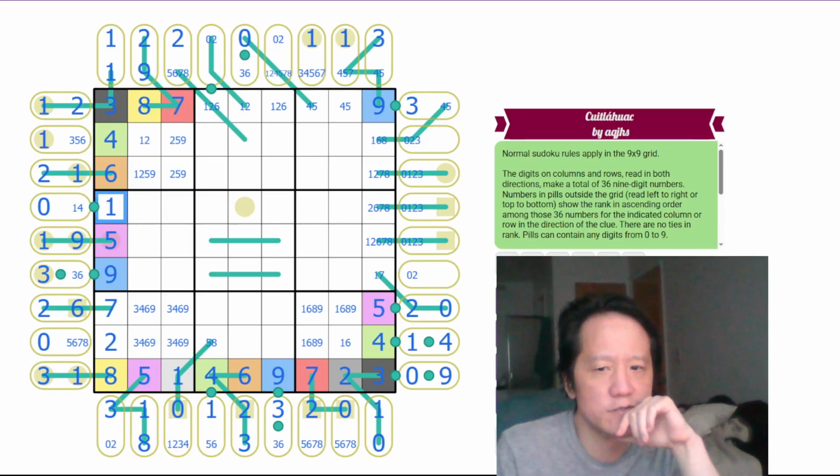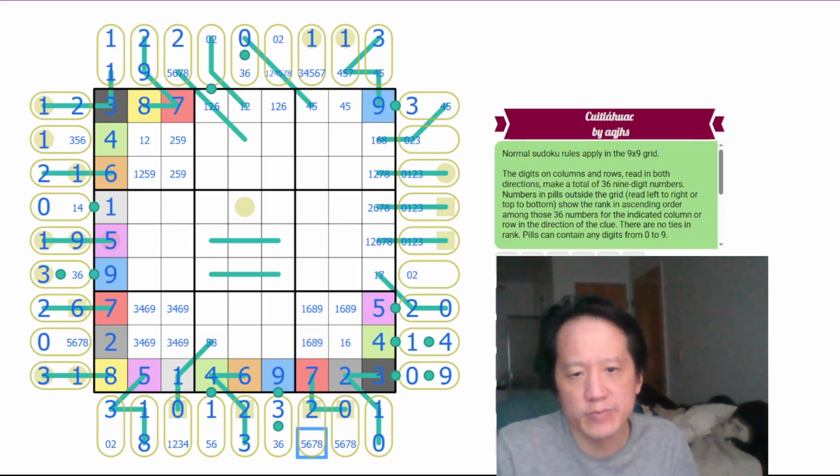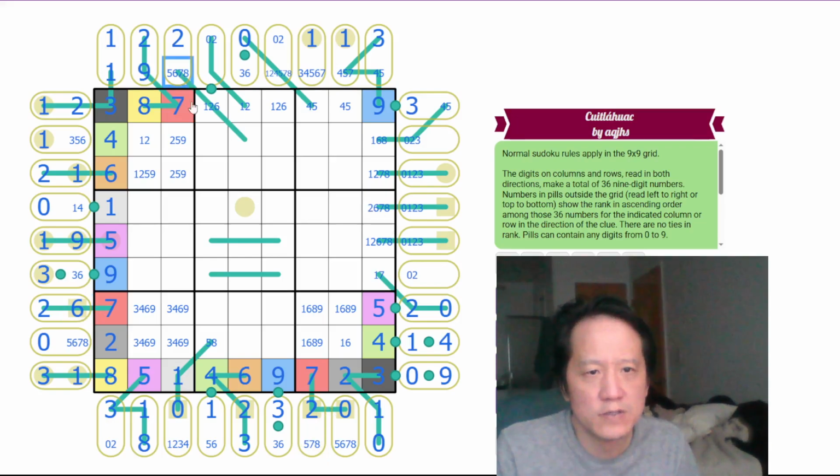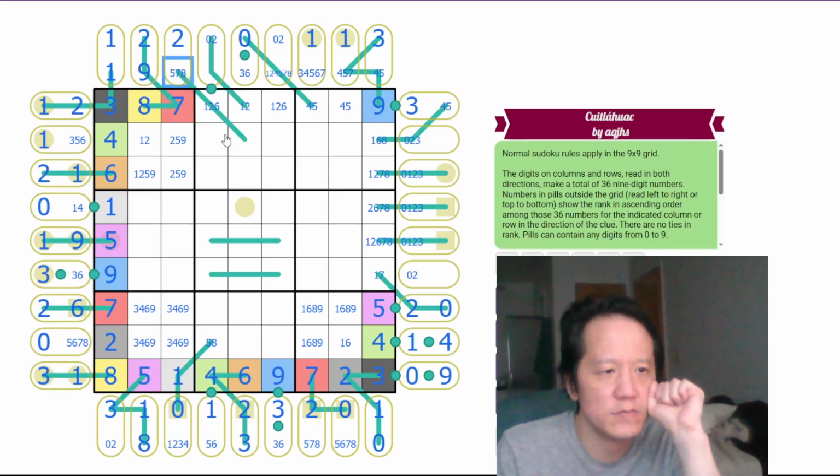Okay, so this is the smallest 1, 2, and 7. Okay, this is 26, so this cannot be 26 here. This can't be 26 here. This is not 0 mod 3 here. So that's interesting.